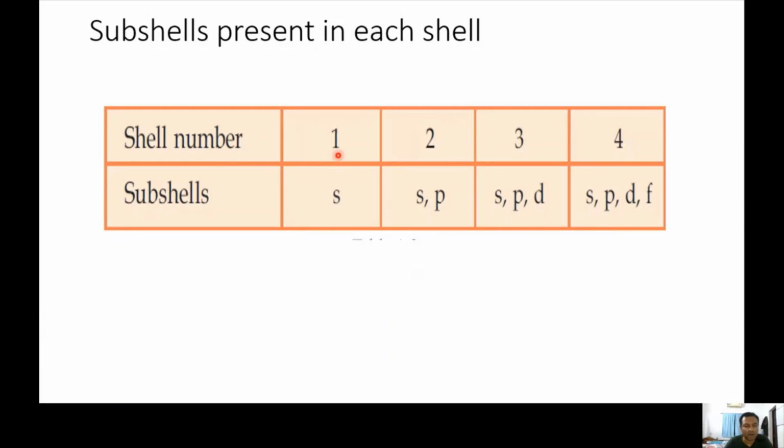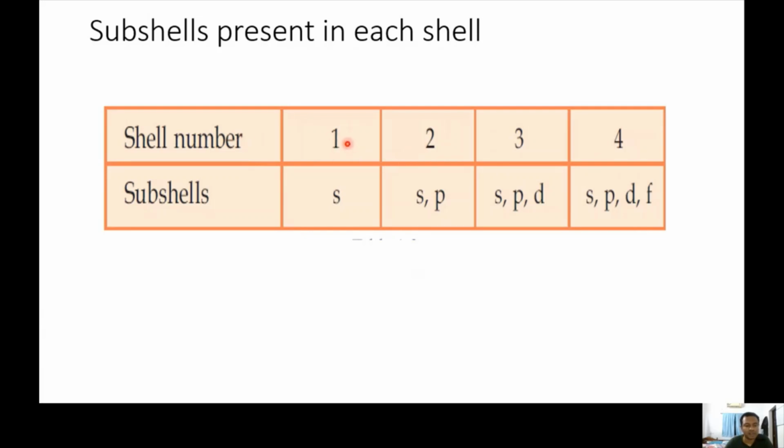These are the subshells present in each shell. Shell number 1 has only one subshell, that is s. Subshells s and p are present in shell number 2, s, p and d in shell number 3, and s, p, d and f in shell number 4. That means the number of subshells in a particular shell depends on the shell number.